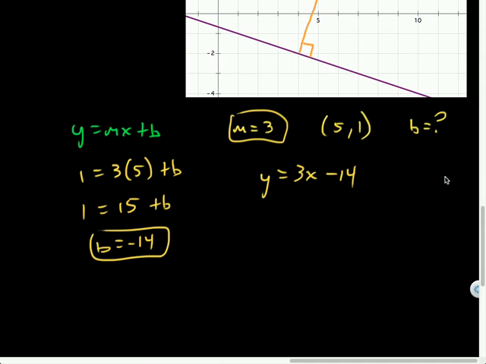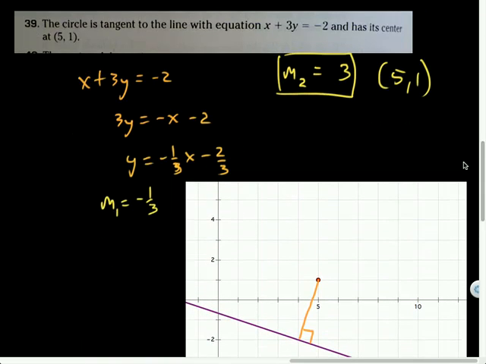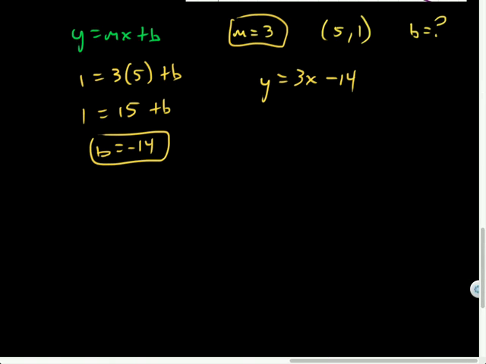So I've got now this line, y equals 3x minus 14, and this line, y equals negative 1/3 x. Actually, you know what? I'm going to use this version of it: x plus 3y equals negative 2. And this line, y equals 3x minus 14. I'm going to solve this by substitution because this one's already solved. I chose the non-fraction version just because I could.